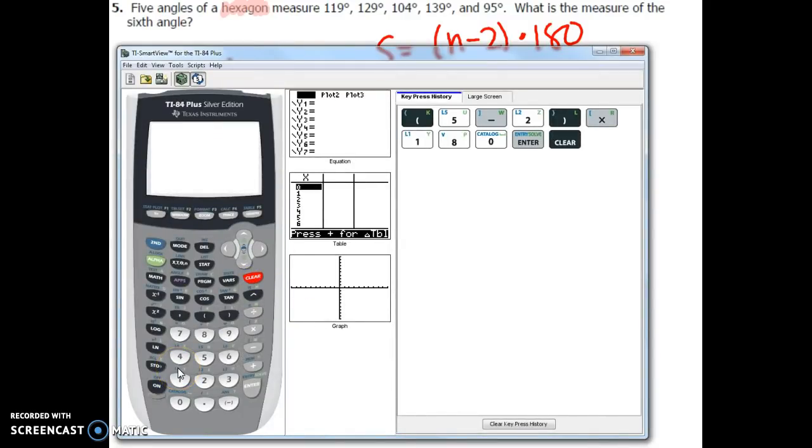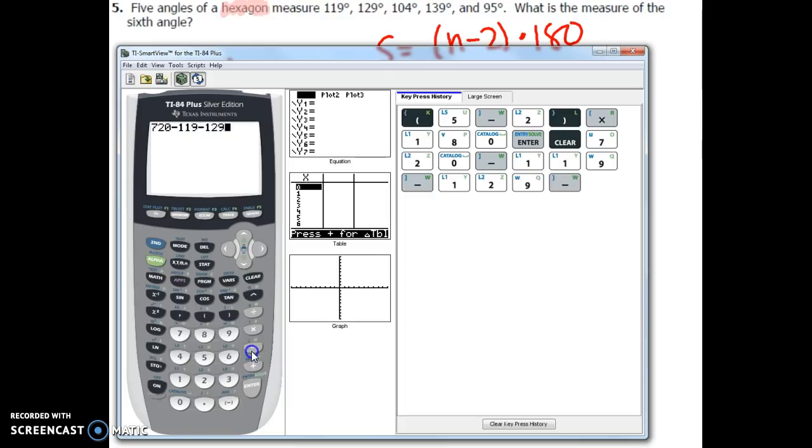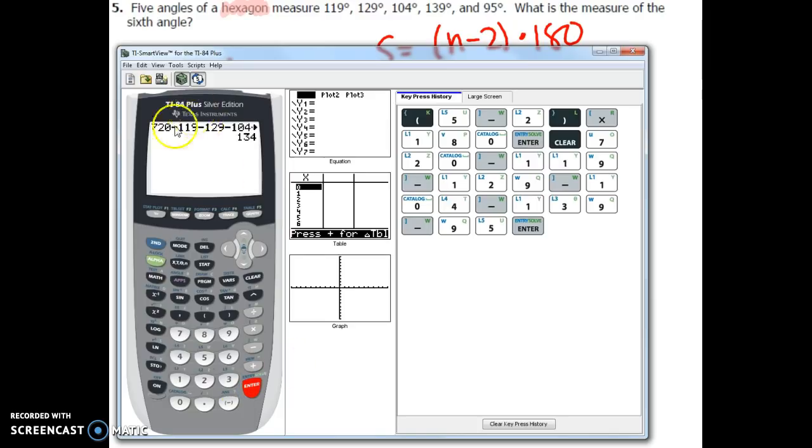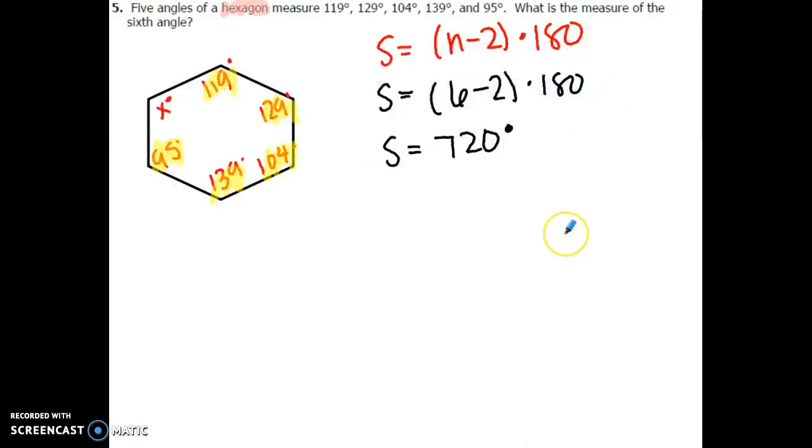So I'm going to say, let's see, it's 720 minus 119 minus 129 minus 104 minus 139 minus 95. That is our last one. So once I've subtracted all of those, I know that I have 134 degrees left in order to complete my 720 degrees. Therefore, in this case, we did say that this missing angle was equal to 134 degrees.